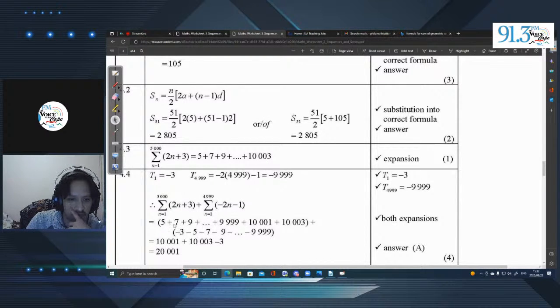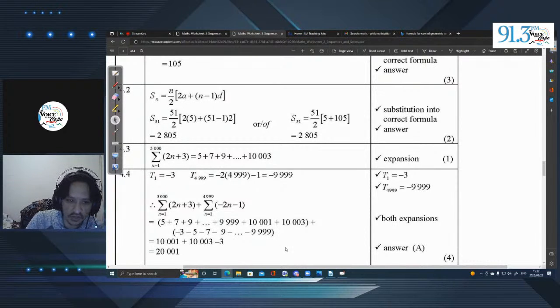So we're going to get 5 plus 7 plus 9 plus 9,009. So they're giving the last three terms as well. Plus, and now they look at the second sequence, negative 3, negative 5, negative 7, negative 9, minus 7, all the way to negative 999.